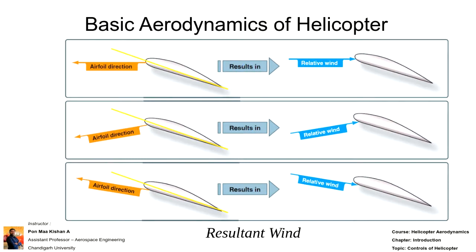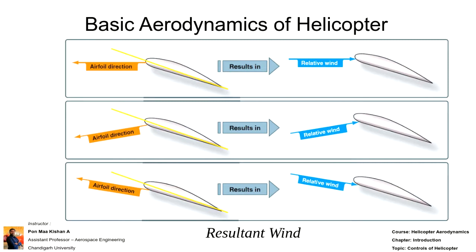Let's say the helicopter blade is rotating. The cross section of the blade is an airfoil. This is how the helicopter blade is rotating; kindly look into the video. Just consider the airfoil section is here. When it is moving in the air, this is the airfoil direction, how the airfoil is moving.